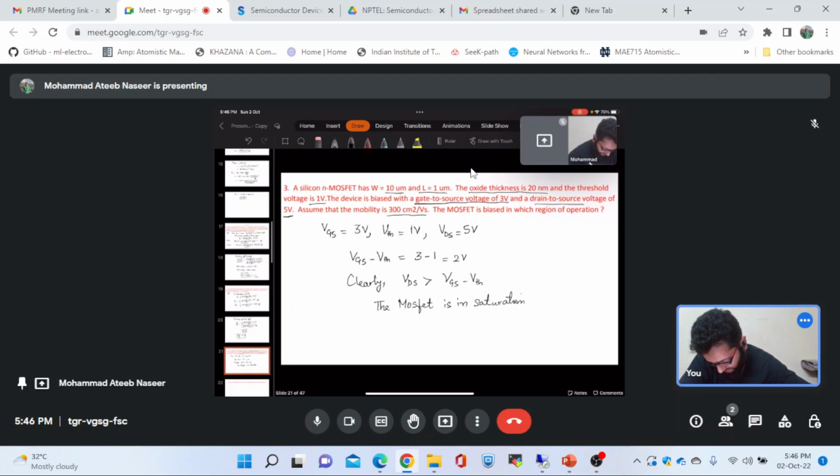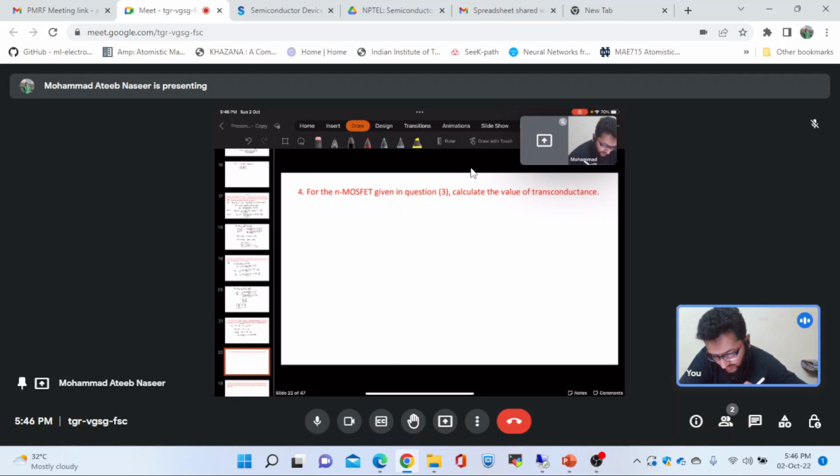Now let's move to another problem. It has been told to find the transconductance of the MOSFET that is given in question number 3. So we have to find the transconductance of the MOSFET first. For that, let us revisit the MOSFET current equation in saturation.